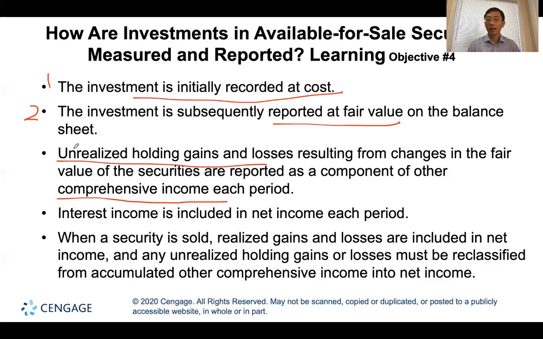So the SEC, the FASB, the GAAP want to keep this kind of value increase or decrease separate from operating income. Okay, so we will discuss this in the next video.